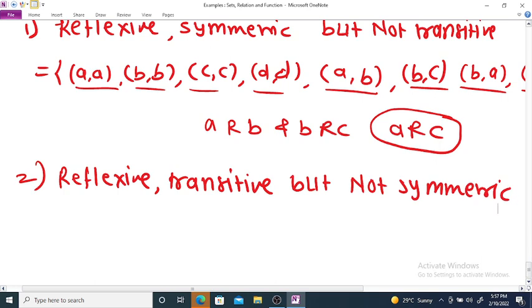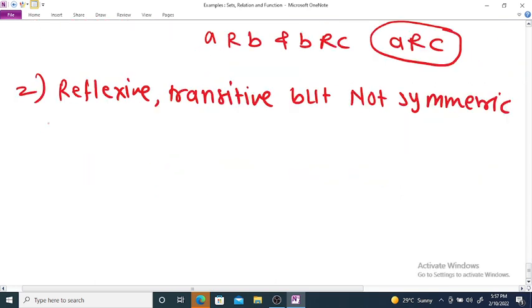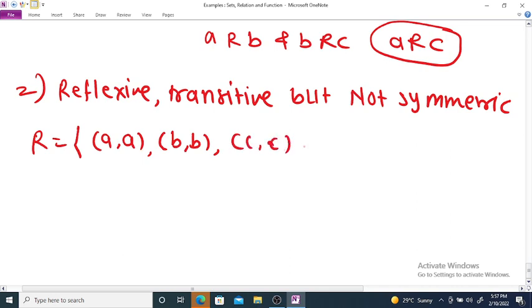So now we consider set R is equal to reflexive: AA, BB, CC and DD. So each element is related to itself, therefore the given relation is reflexive. Now consider here AB, BC and AC.